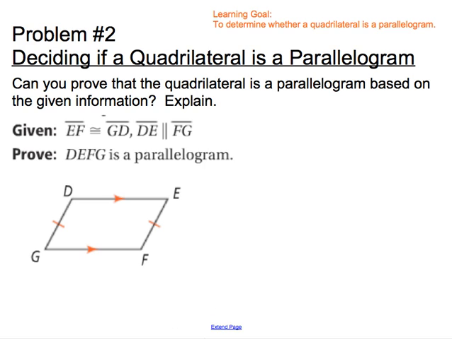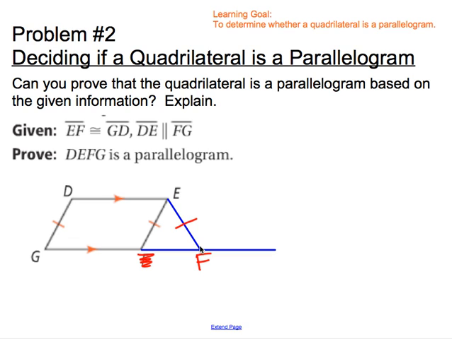So one of the things that I want you to realize is sometimes we have to draw things that aren't there to see this. So in this case, we could add this to the diagram and we could say, what if F was really here? What if F was not there and EF is still the exact same length?